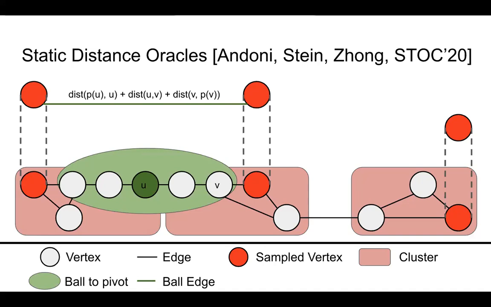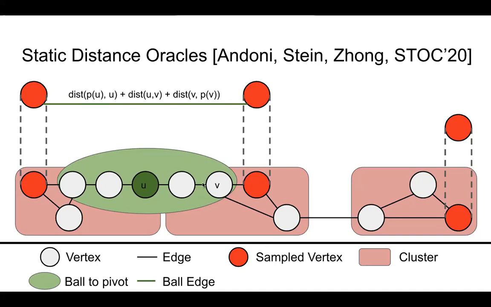Now for each of these vertices in the ball, you insert an edge between the two cluster pivots. Here we have u, and its pivot is the vertex over here, which we call p(u), the pivot of u. And we have the vertex v in the ball of u, and its pivot is this sampled vertex over here.